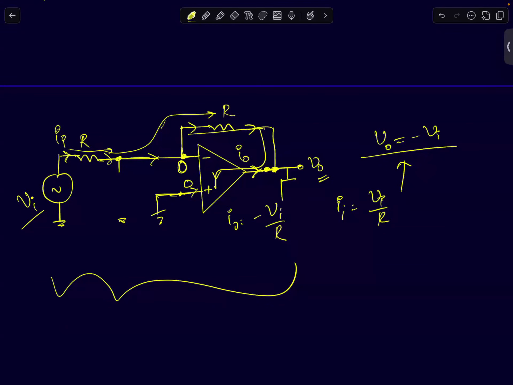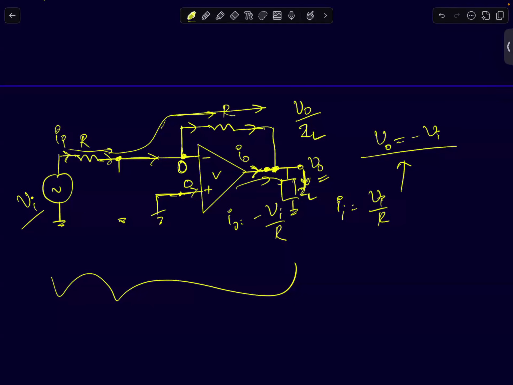But the moment I put a load impedance here, the current flowing through this load resistance is given by V naught by ZL. Because the moment you add a load, it is also going to consume some current. That current also has to come from opamp because the current through this resistor is fixed.